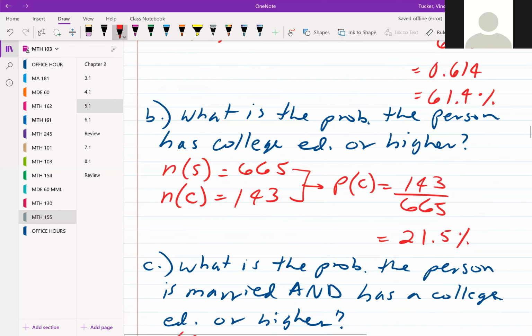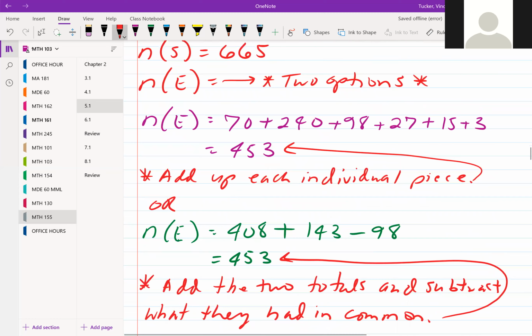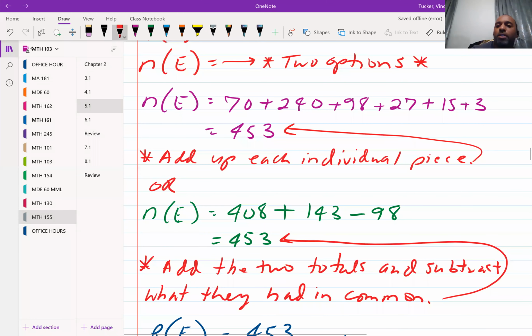Yeah. Okay, cool. And so that's what this says right here. So just know that to get our event number, we have two options. Purple is adding all the pieces together. And then green is adding up the two totals and then subtracting what they had in common, which was 98. Either way, we get 453.